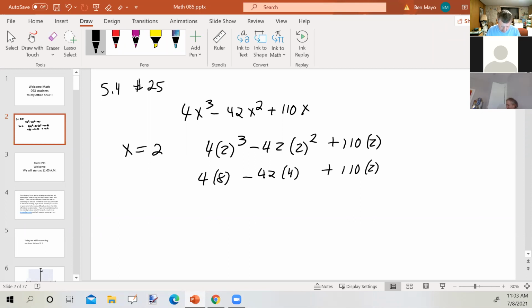And so we've got what? 4 times 8. Helps if you turn the calculator on first. 4 times 8 is 32 minus 168 plus 220. And if we have 32 minus 168 plus 220, we get 84, and that would be cubic inches because it's a 3-dimensional box. Any questions about that particular problem?